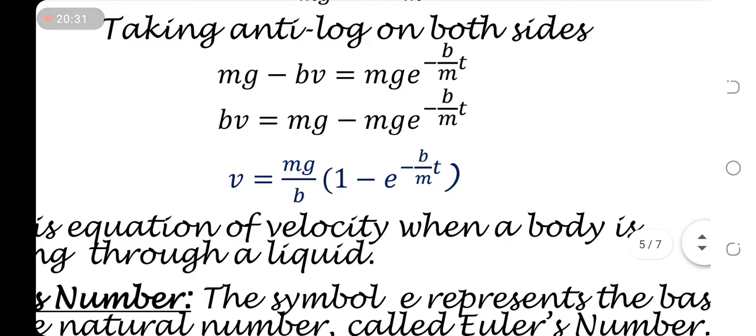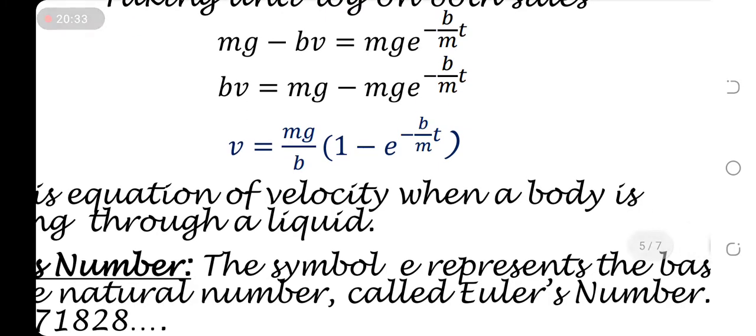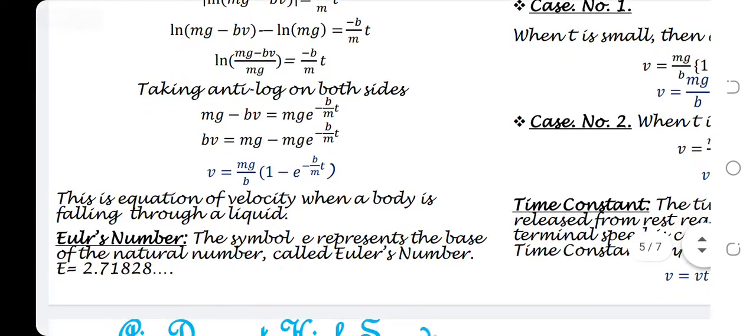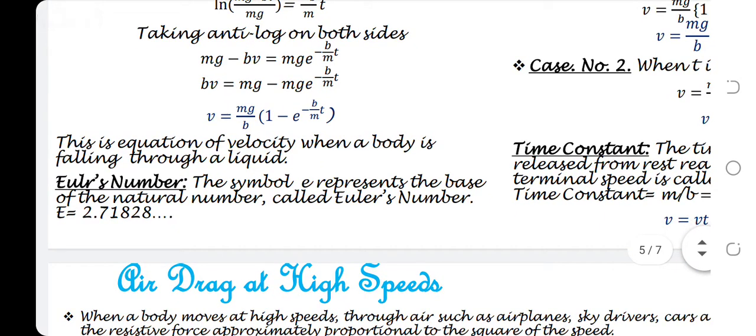And the velocity is v equal to mg over b into 1 minus e raised to the power minus b over m into t. This is the equation of velocity when a body is falling through a liquid.